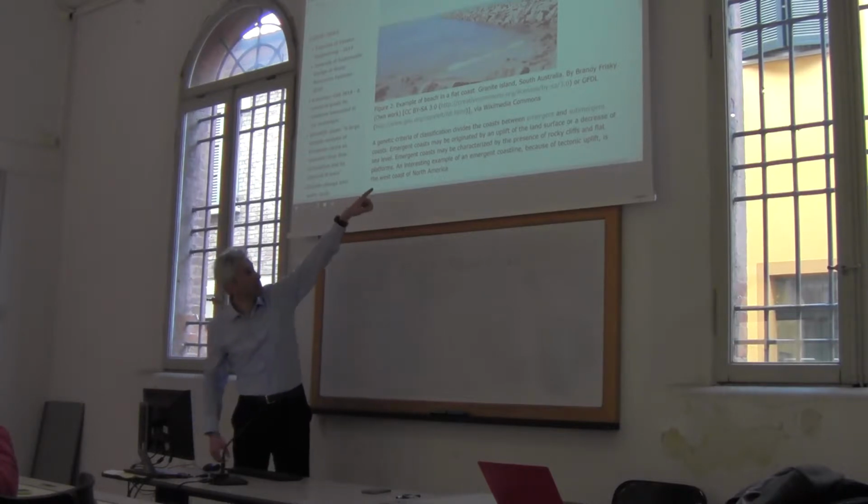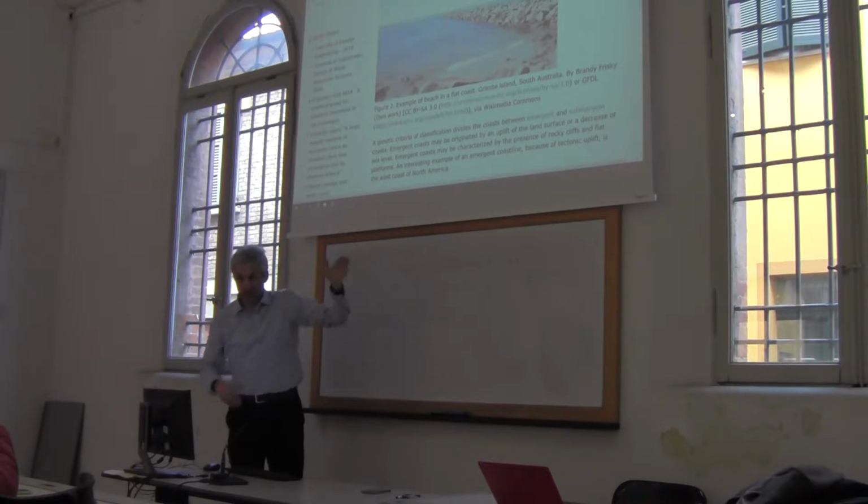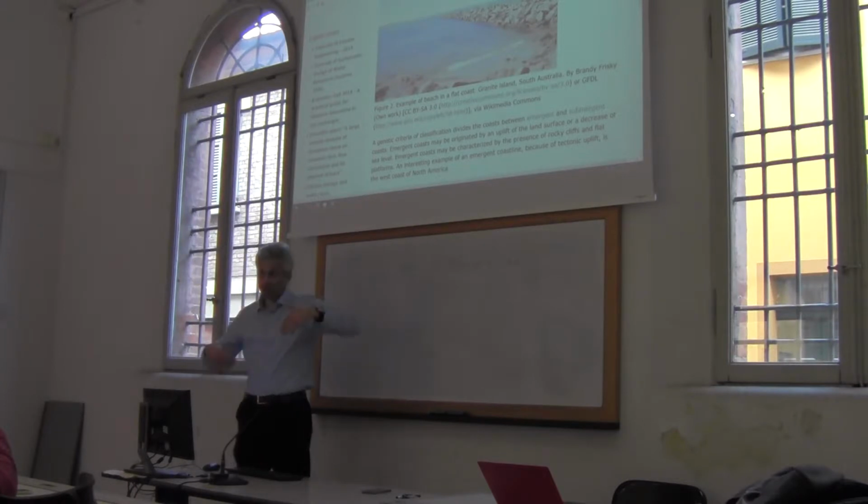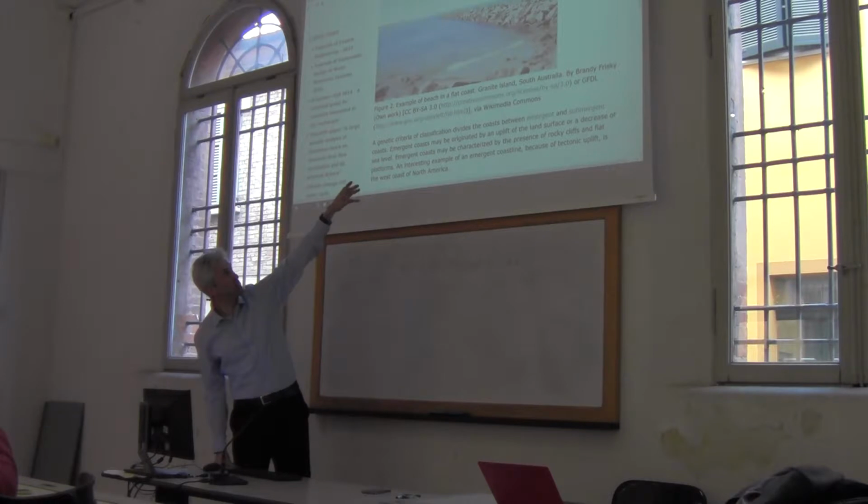So what you expect at the base of the groin, the connection of the groin to the coastline, is to see some sand in the part that is exposed to the waves. And indeed you see some sand there. The picture is not really clear, but you will see other examples.